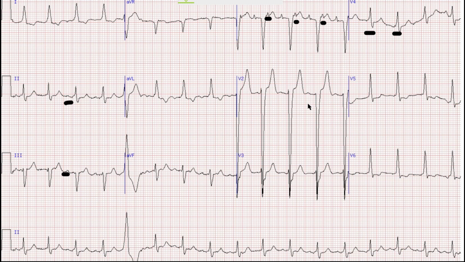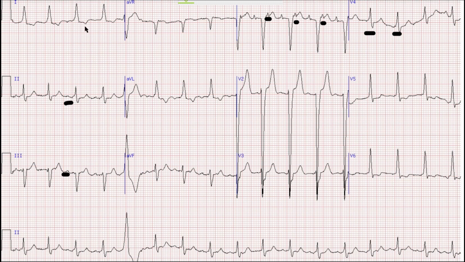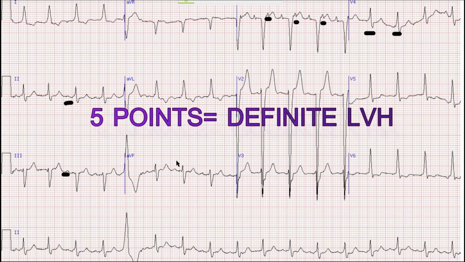Here we have a very deep S wave in lead V2 which is definitely more than 30 millimeter. Also the presence of left axis deviation gives 2 points for left ventricular hypertrophy as per Romhilt-Estes criteria. Whenever there are 5 points for left ventricular hypertrophy as per Romhilt-Estes criteria, it means that there is definite left ventricular hypertrophy.